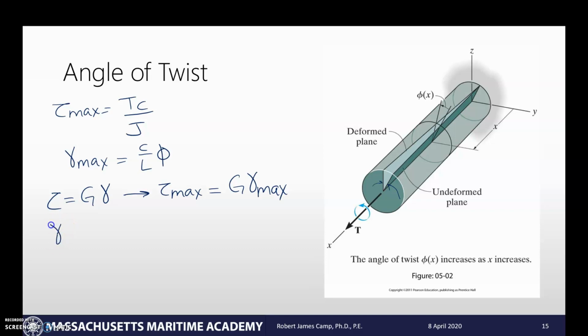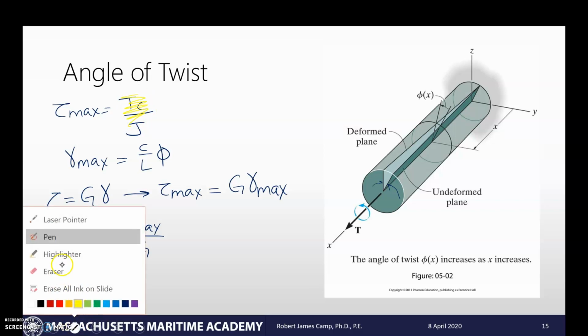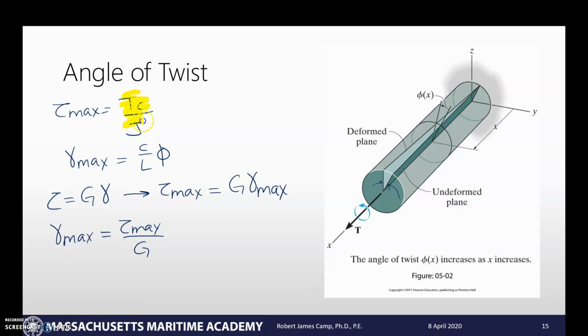So let me just rewrite that: the max shear angle is going to be the max shear stress divided by G. What I want to do is take this definition of the max shear stress, and plug it in right there.